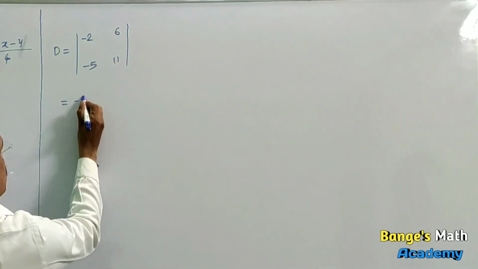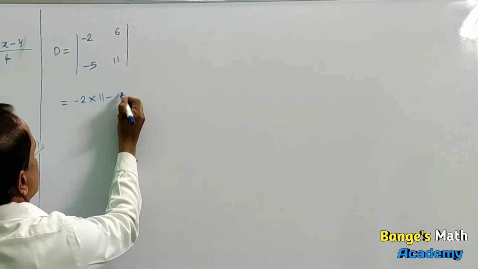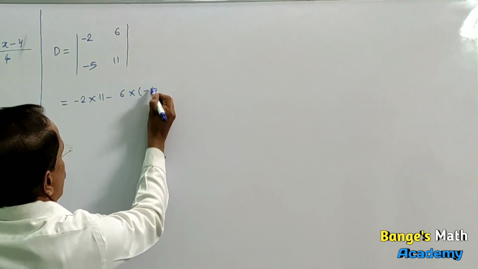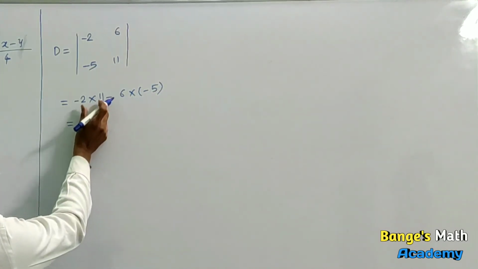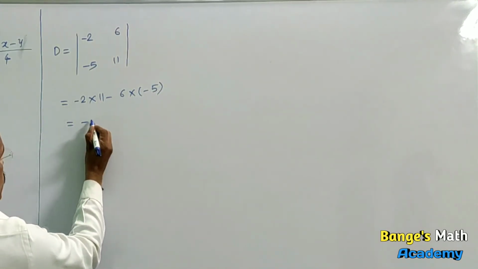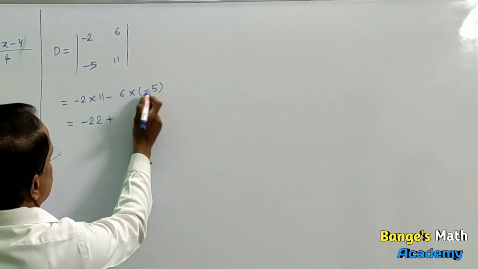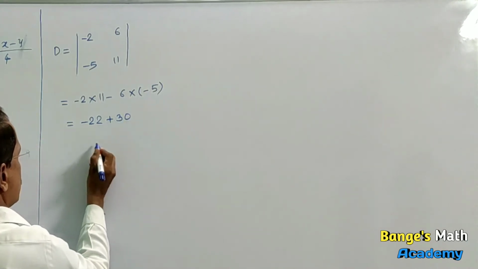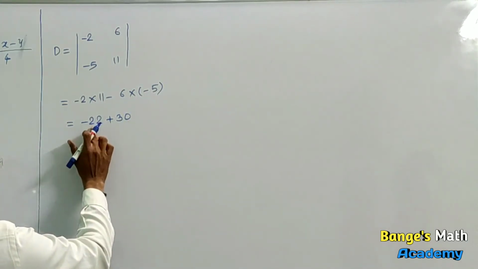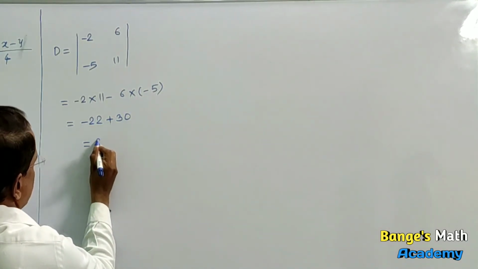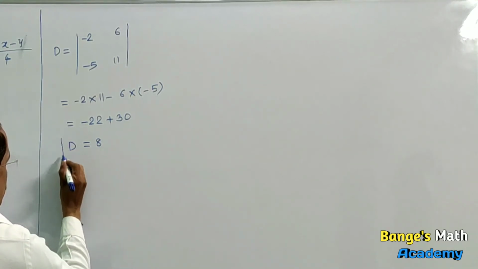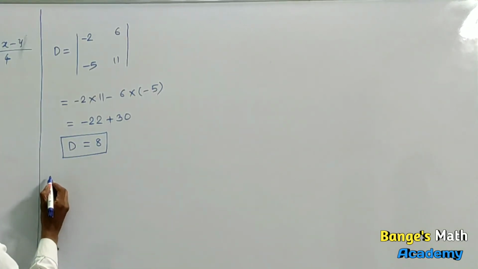Minus 2 into 11 minus 6 into minus 5. Product of this: minus 2 into 11 is minus 22. Minus into minus plus, 6 into 5 is 30. Is equal to minus 22 plus 30. We get value of D is 8.